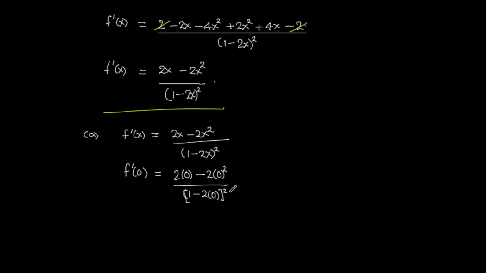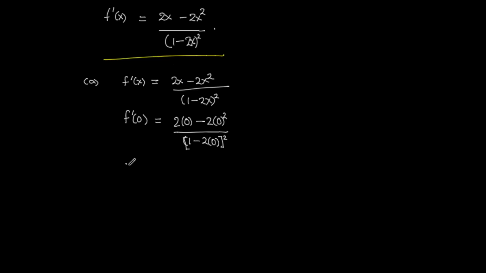This will be squared, and then we can go ahead and continue simplifying, and we notice that the first term of the numerator vanishes to 0, minus also the second term there is 0, and then here, when we have 2 times 0, we get 0, and then 1 minus 0 is 1.